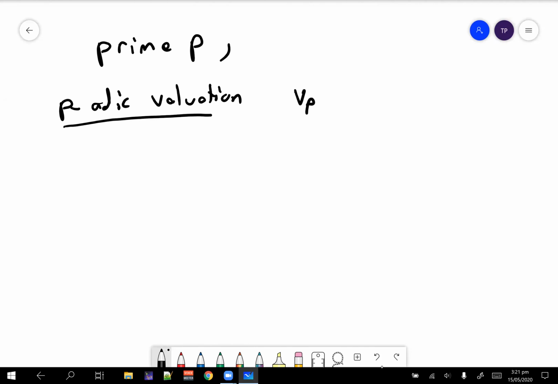So this proof uses the idea of the p-adic valuation. If you can't remember the p-adic valuation for some prime p, it is given by v_p of a, the p-adic valuation of some a in the rationals except 0. v_p of a is the largest power of p dividing a.